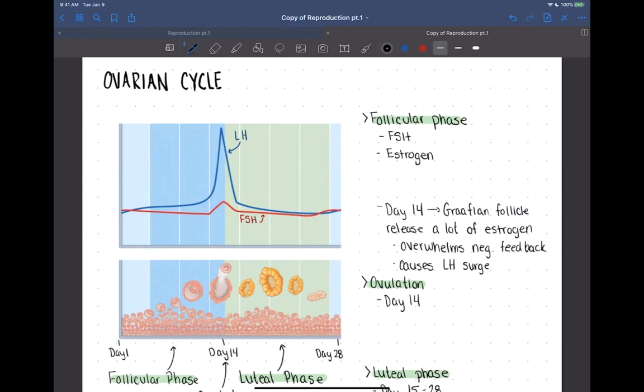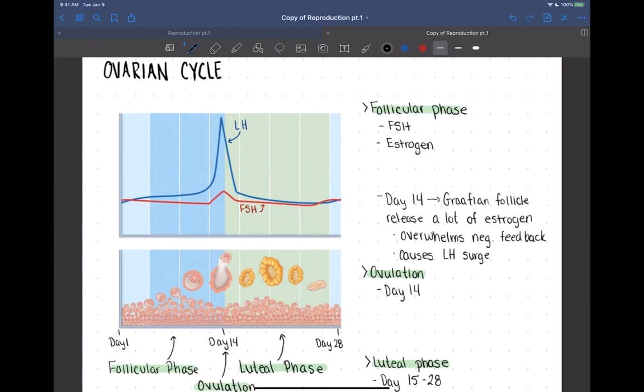The uterine cycle involves the thickening of the uterine wall and then the shedding of the uterine wall through menstruation. They are separate, but they are linked because they share hormone signals and occur in response to similar signals. Estrogen produced by these follicles is also involved in controlling the uterine cycle. So they're linked, but we're going to talk about them separately so it doesn't get too confusing.